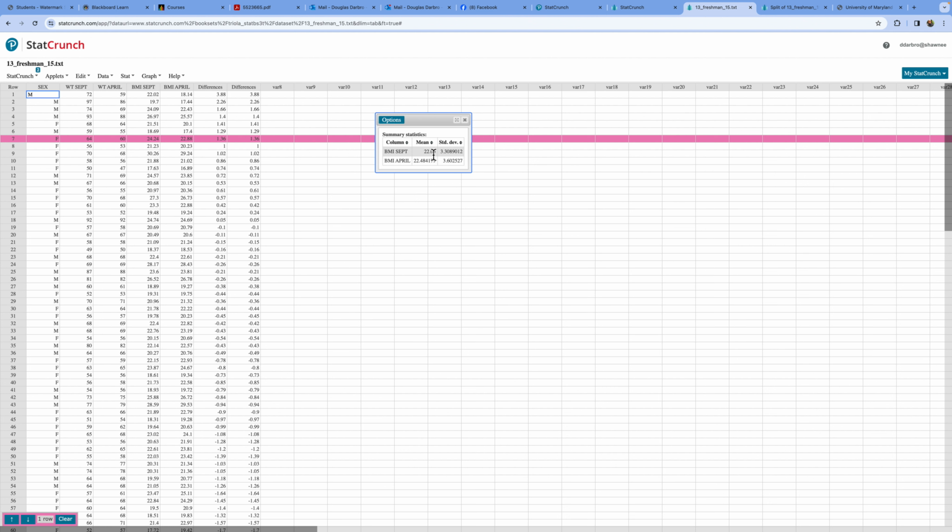So this is kind of making me believe that the September measurement came first and the April measurement came second. So 2022 to April 2023. So we're seeing an increase in the mean BMIs across those. And then we can see that our standard deviations are pretty similar.